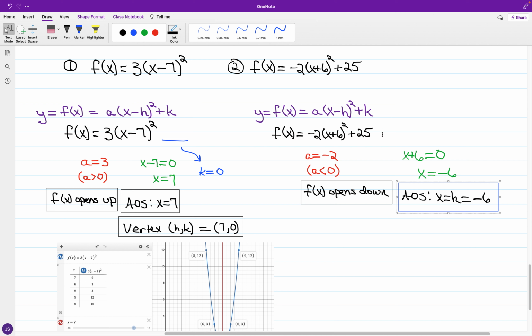And for the k value, that's going to be at +25. And for the vertex, you have h at -6, k at 25.